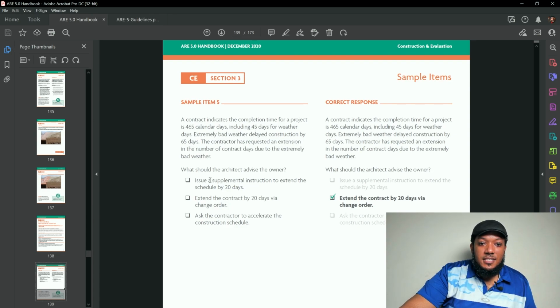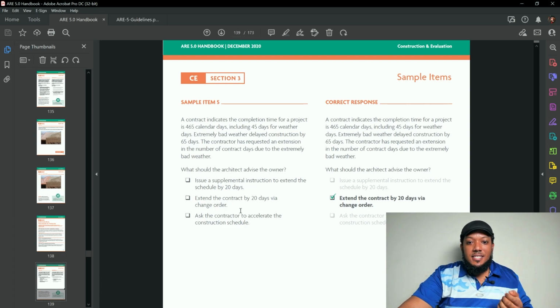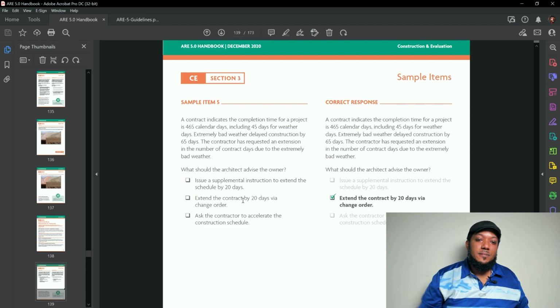So essentially we are going to have it extending the contract. That's this weighing issue, understanding the give and take for what the contract has been agreed upon versus what is out of the contract. That's going to be one of these types of questions.